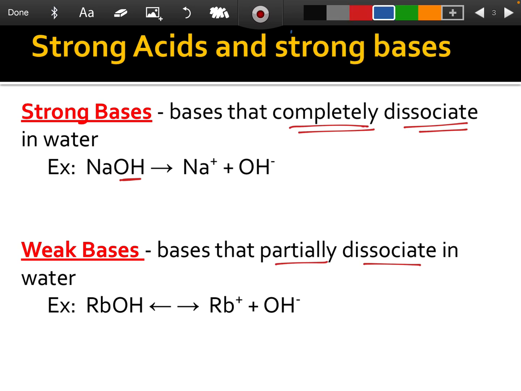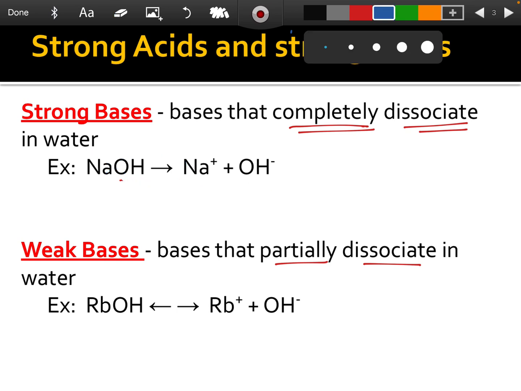So one other thing that I want to point out with the difference between these two: since strong bases completely dissociate, you'll see a single arrow just going to the right, meaning every single molecule is going to break up into these 2 ions. We won't have any of the actual NaOH compound left when it's in solution.